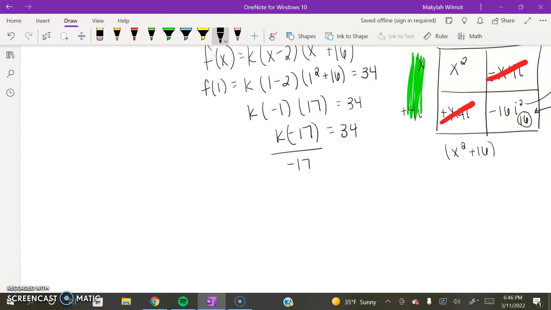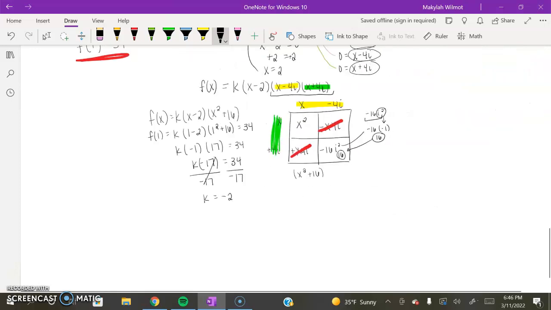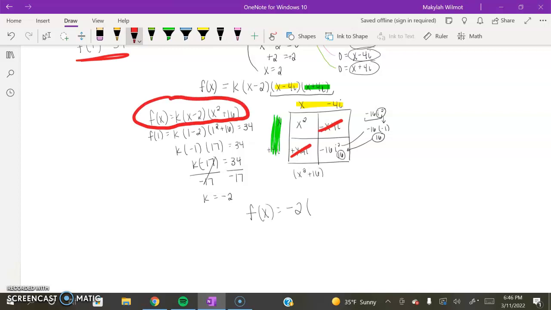Once you divide this by negative 17 and you divide this by negative 17, k equals negative 2, which means that your equation is f of x equals negative 2 times (x minus 2), times (x squared plus 16). I hope that was helpful for you, as I learned a lot too.